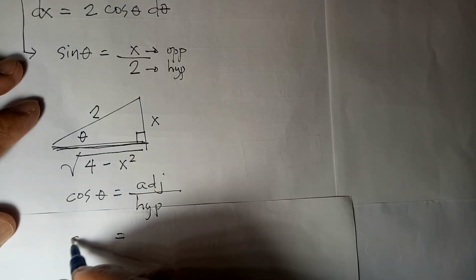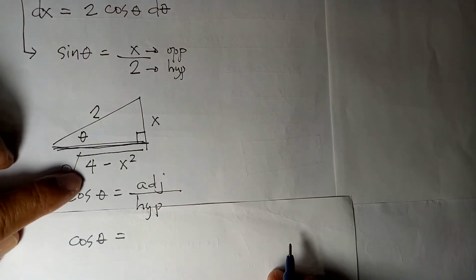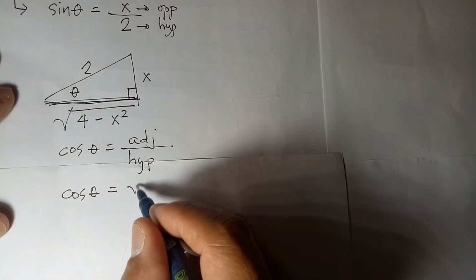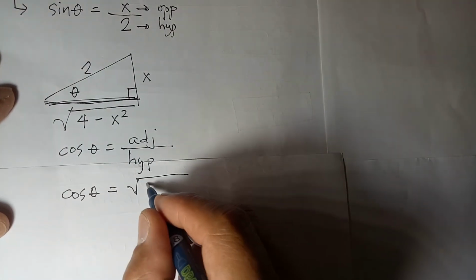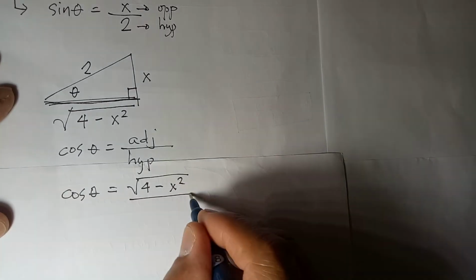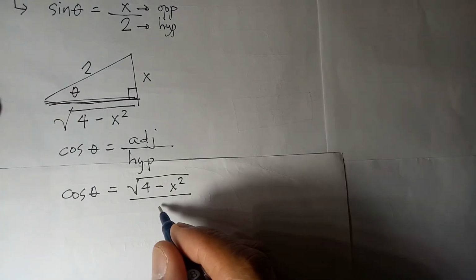So, yung adjacent side natin, square root of 4 minus x squared, tapos, yung ating hypotenuse ay yung 2. So, divided by 2.